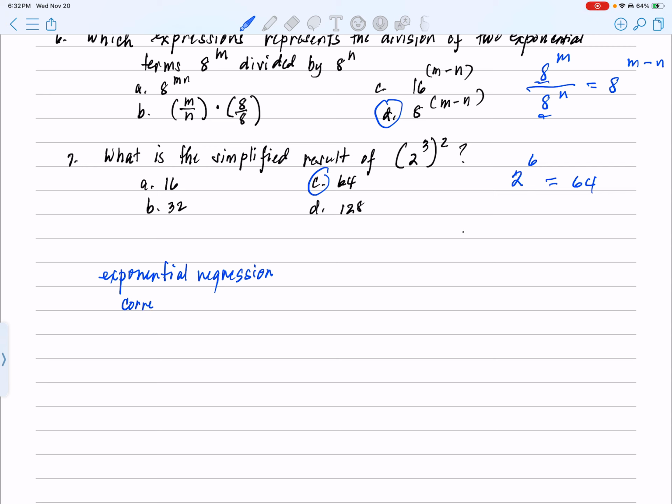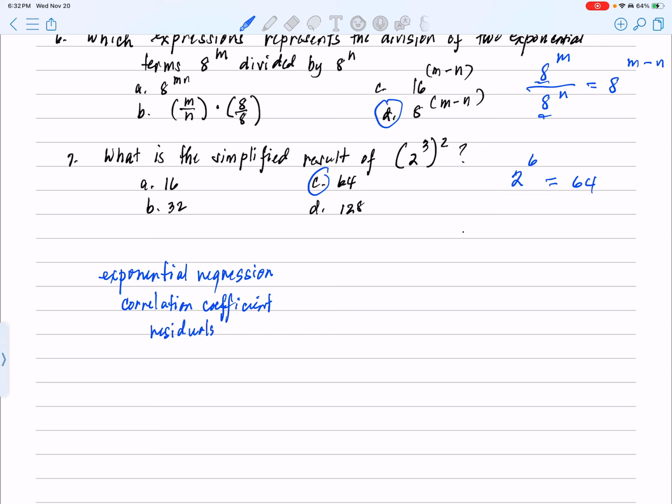You also have the correlation coefficient in statistics. All right. And also about residuals. All of this we are doing using technology, like the calculator.